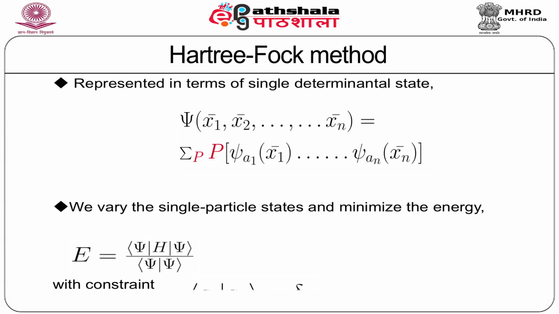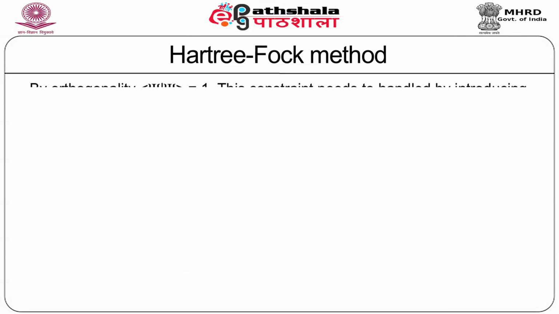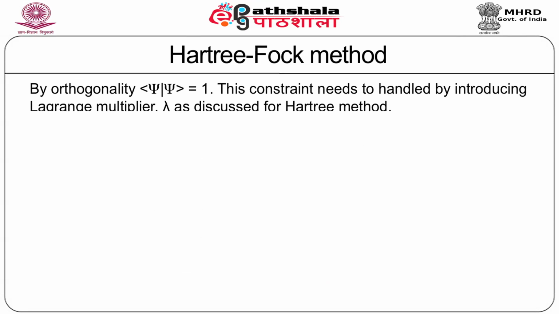We vary the single particle states, which is given by this little psi, and minimize the energy, which is shown here, with the constraint that the single electron states form an orthonormal basis set, in the sense that the product of a_i and a_j is equal to 0 if i is not equal to j, and is equal to 1 if i is equal to j. By orthogonality, the product of the capital Psi, which is the wave function for the n-electron system, is 1.